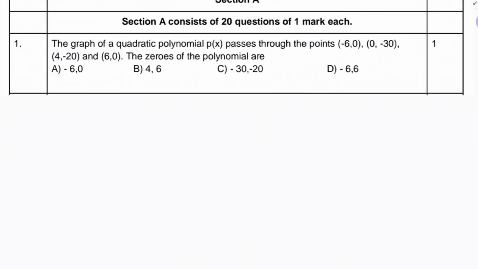here the graph of the quadratic polynomial. The graph of the quadratic polynomial p of x passes through the points. Now see, suppose this is the x-axis and the polynomial is in terms of p of x. So that will be p of x, this one.